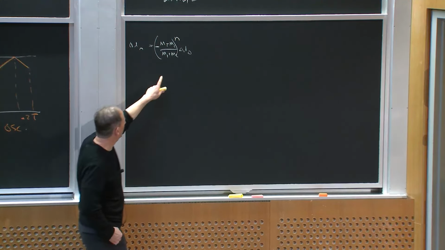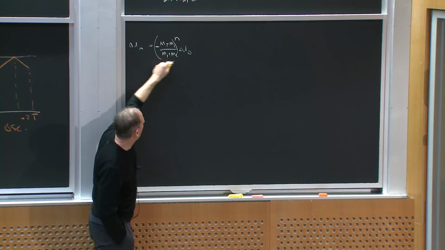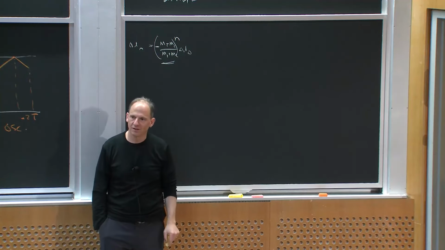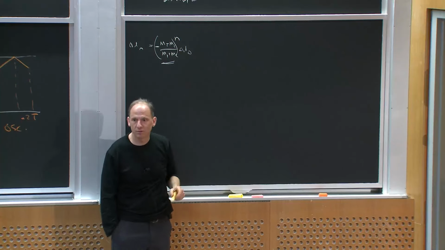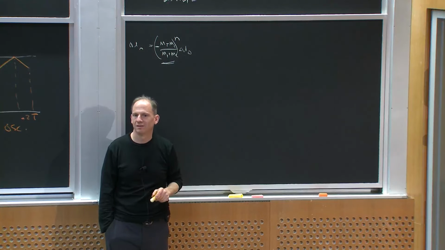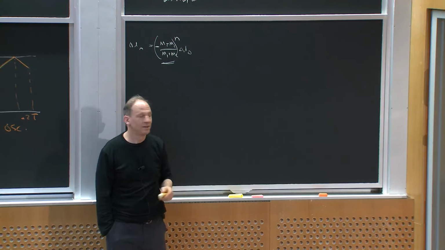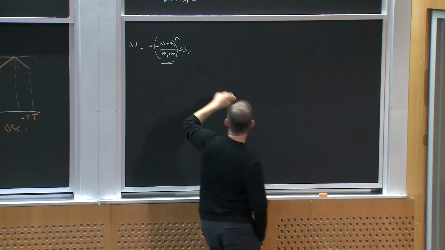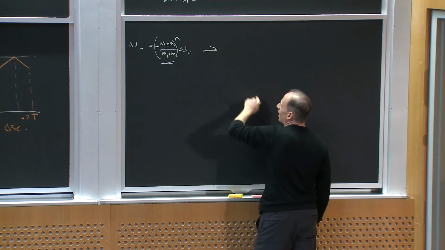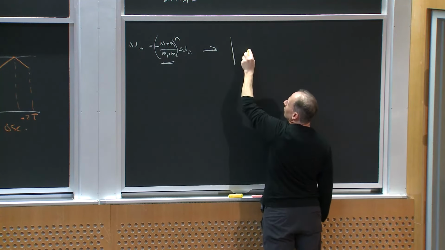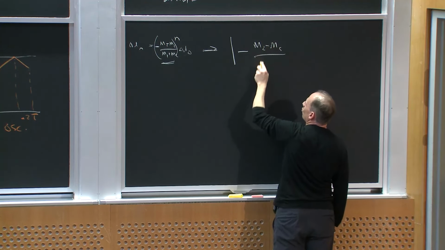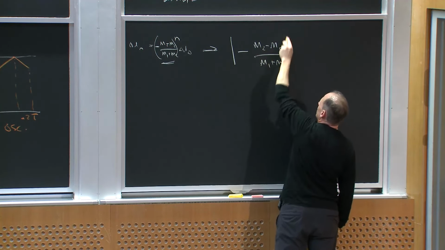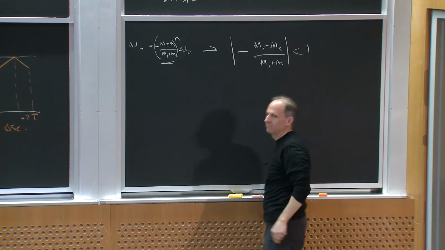So can anybody tell me what the condition on this factor is to make an initial error delta I naught go to 0? Yeah, this suggests that I need the magnitude of minus M2 minus MC over M1 plus MC to be less than 1. Okay?